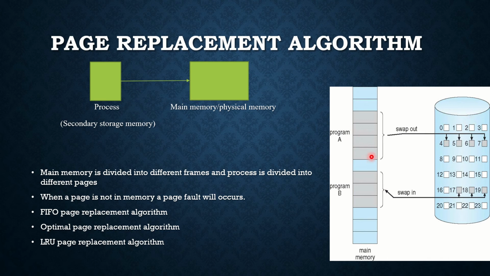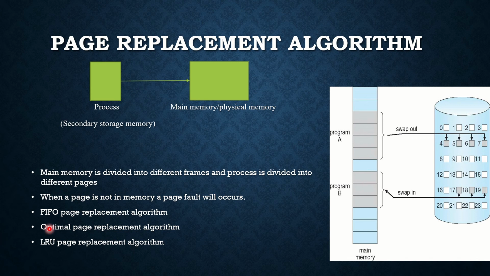By using a page replacement algorithm, you swap out some frames from the main memory to the secondary storage device, so that those frames become free, and you can swap whichever process or pages you currently want to execute into that free frame. In those cases the system will use an algorithm called a page replacement algorithm.